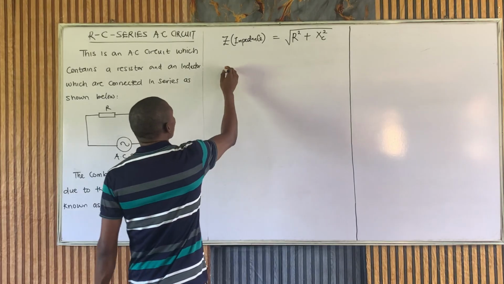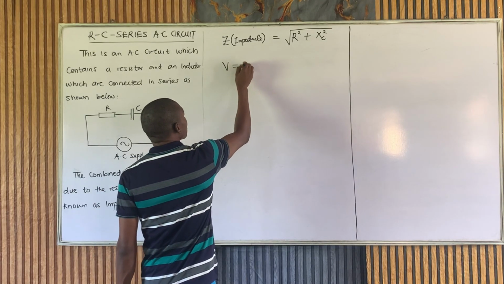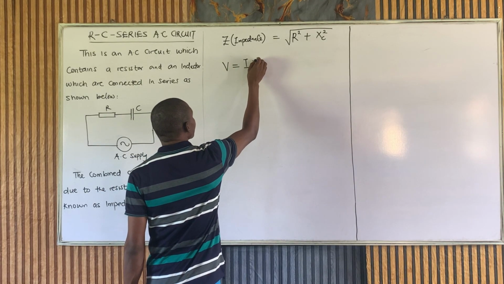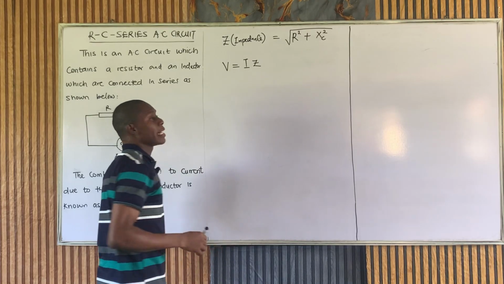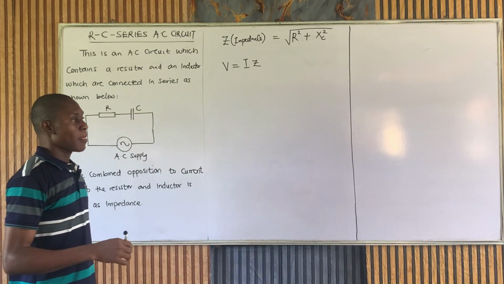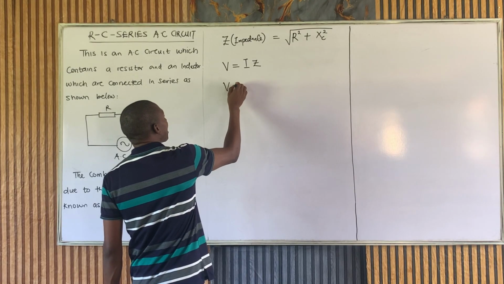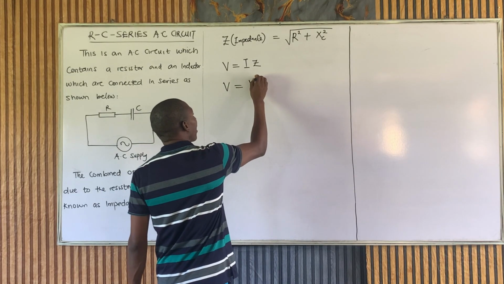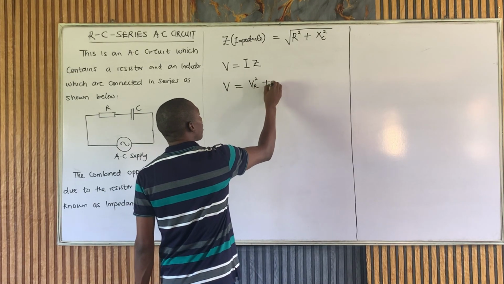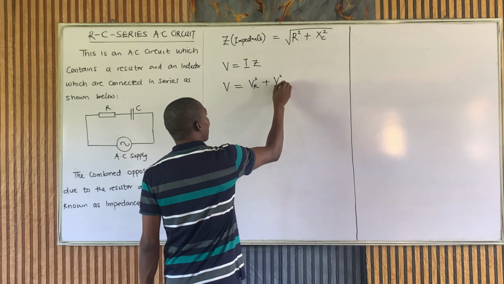Hence, our voltage supply is going to be the current in the circuit times the impedance. Again, this same voltage supply can be obtained by taking the square root of the square of the voltage in the resistor plus the square of the voltage in the capacitor.